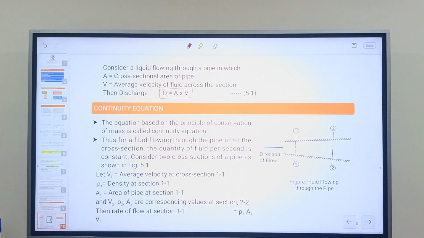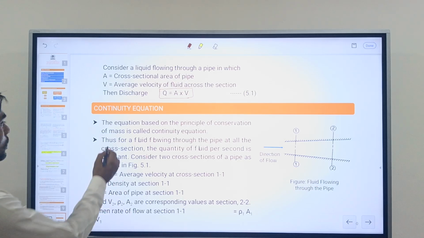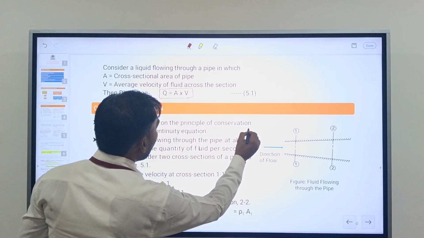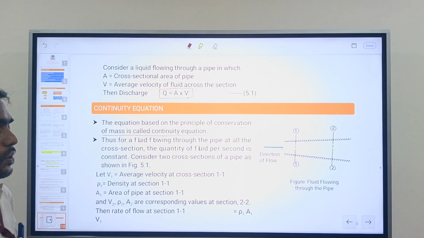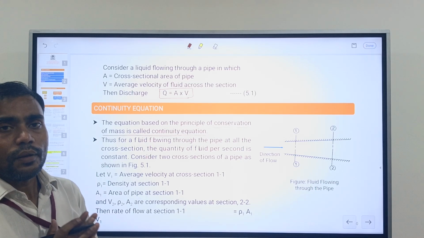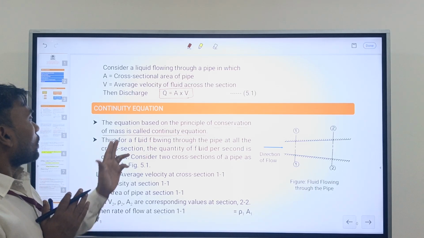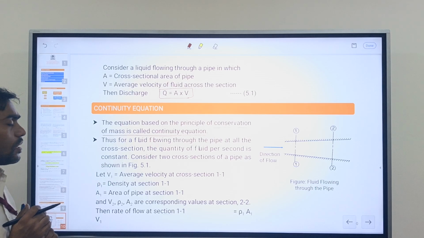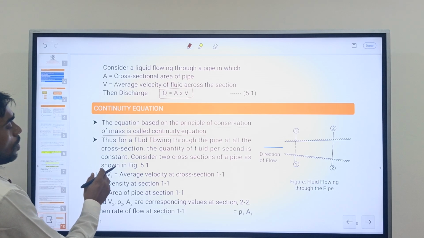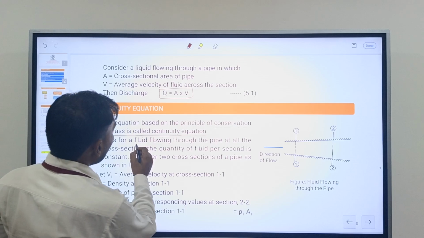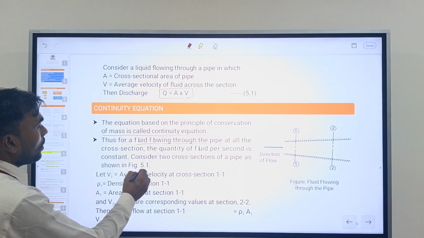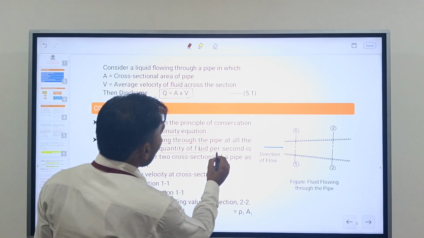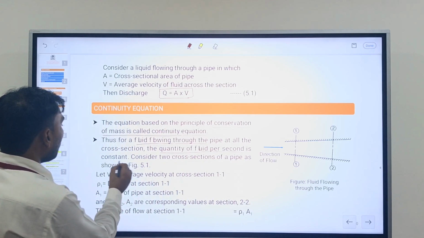Now, next is the continuity equation. The equation based on the principle of conservation of mass is called the continuity equation. So, what is the continuity equation? The equation which is based on the principle of conservation of mass is known as the continuity equation. Now, for all liquid or fluid flowing through the pipe at all cross section, the quantity of fluid per second is constant.